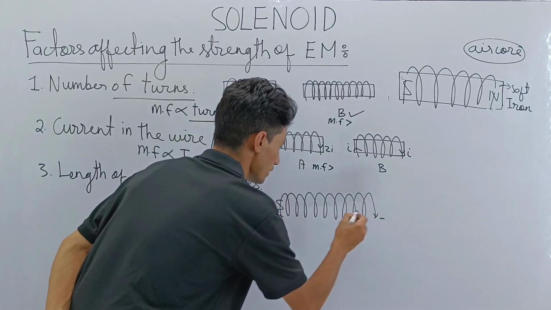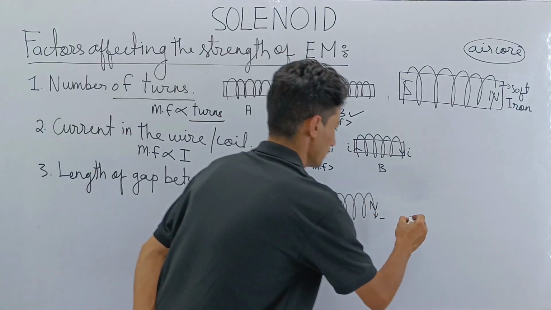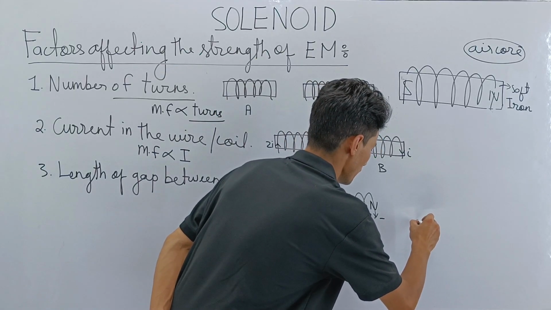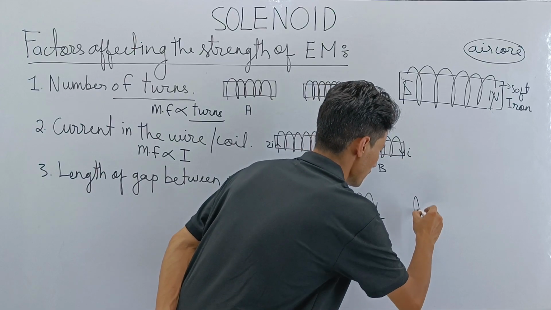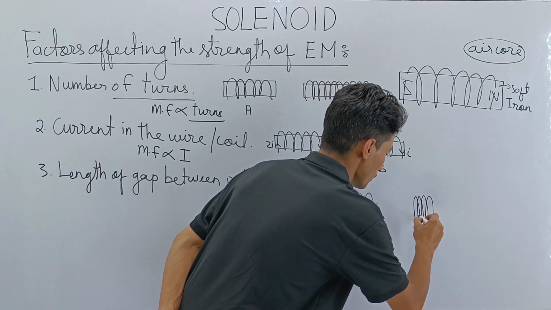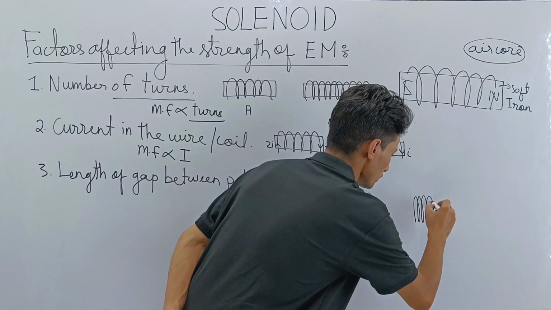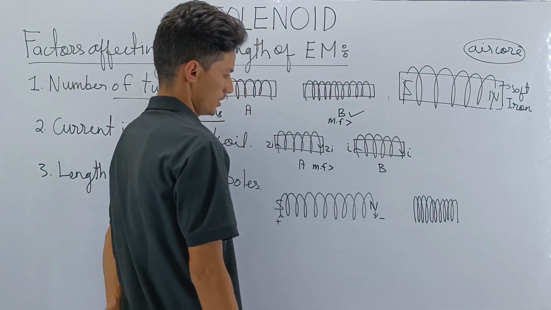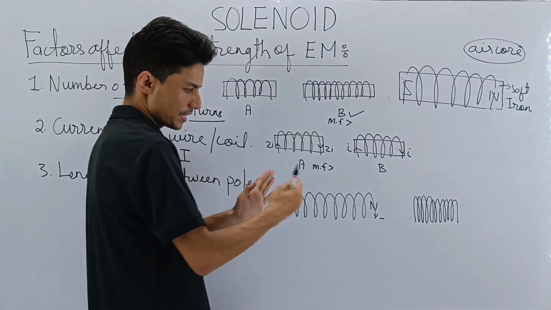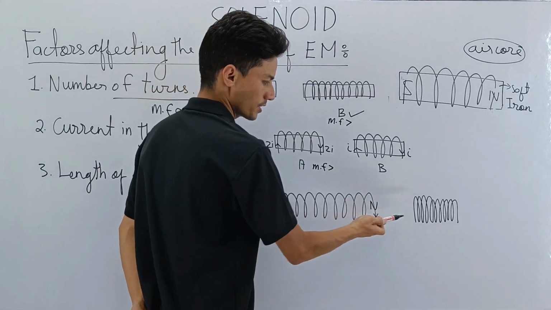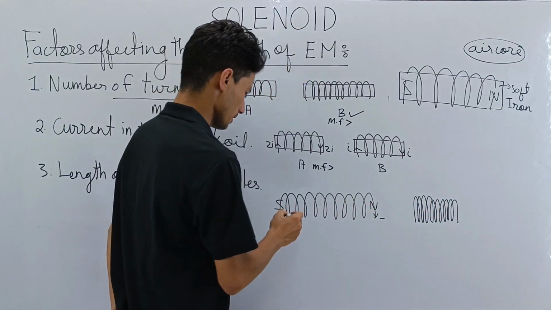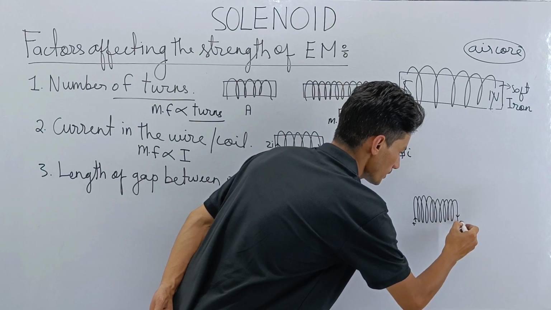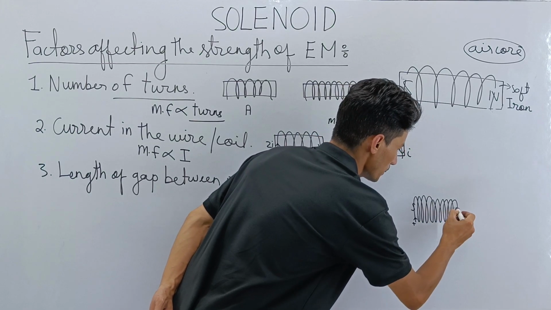This becomes our south, this becomes our north. Then let's take another coil and keep the turns closer. The number of turns is the same, but the spacing is closer. Assuming current enters from here, plus, and exits from here, minus, this is south, this is north.